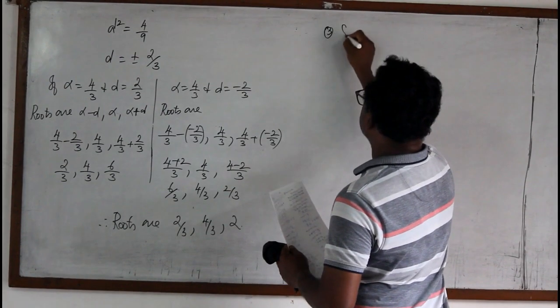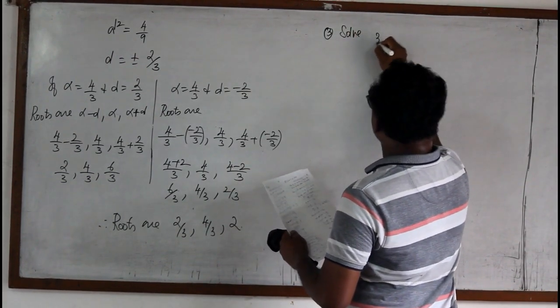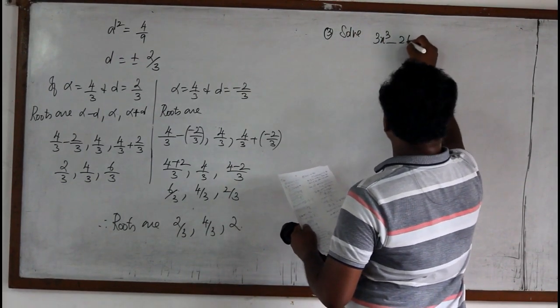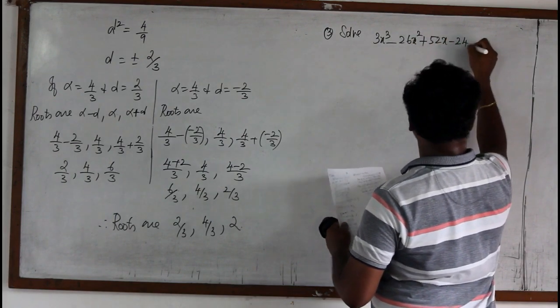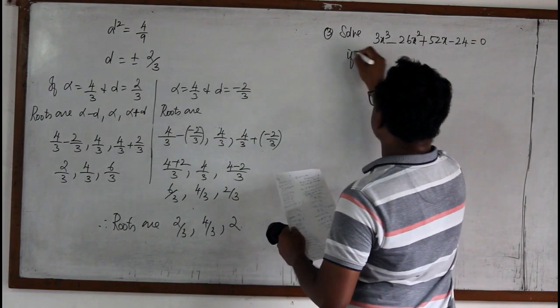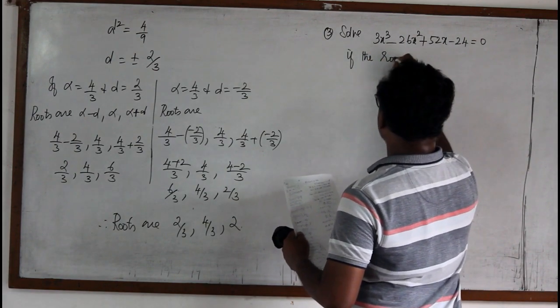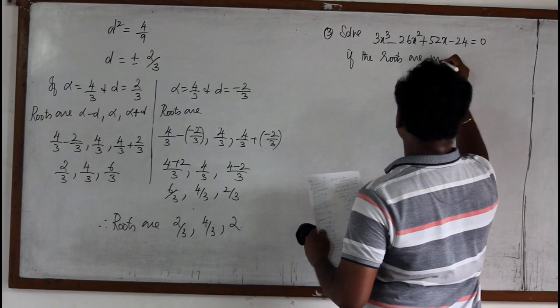Third one, solve 3x cubed minus 26x square plus 52x minus 24 equal to 0 if the roots are in GP.